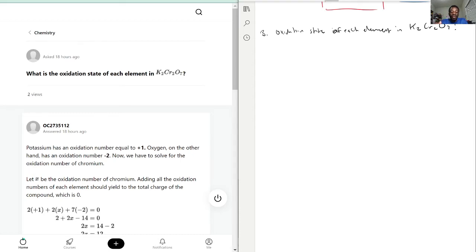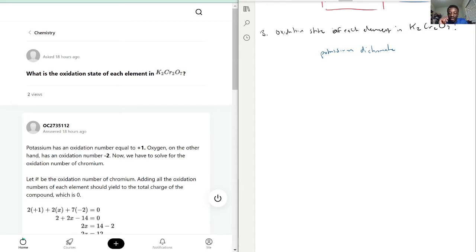So right here, K2Cr2O7, that is potassium, I believe, permanganate. No, dichromate. Potassium dichromate. I don't even know where I got permanganate from, but this is potassium dichromate, if I remember correctly, because I believe that's a dichromate ion.